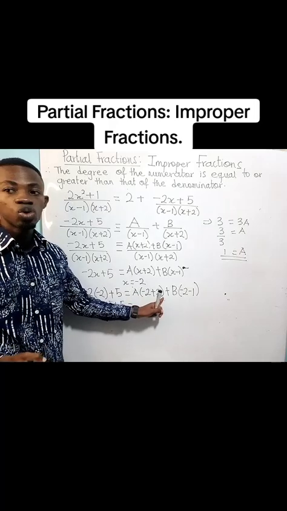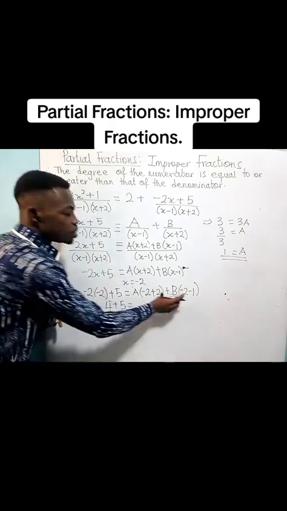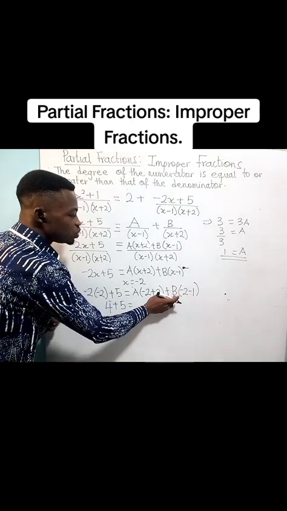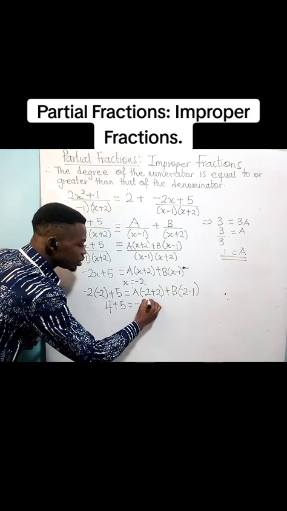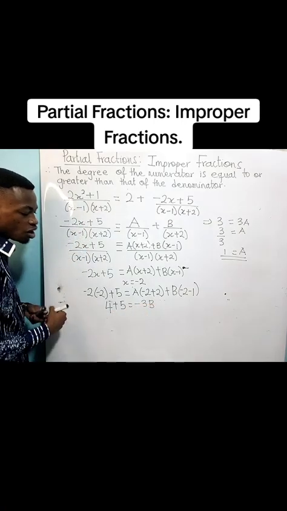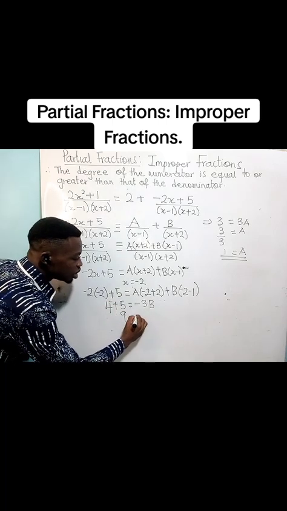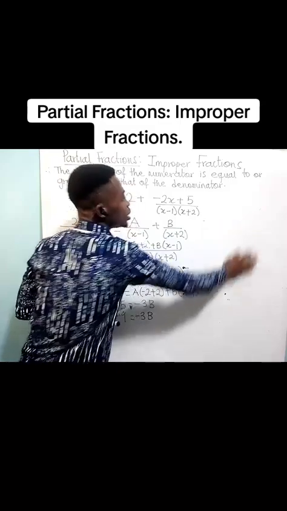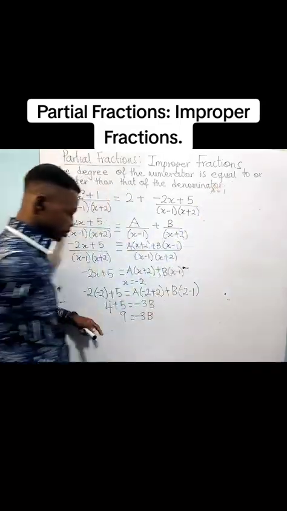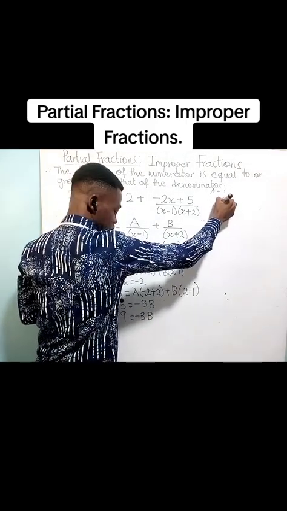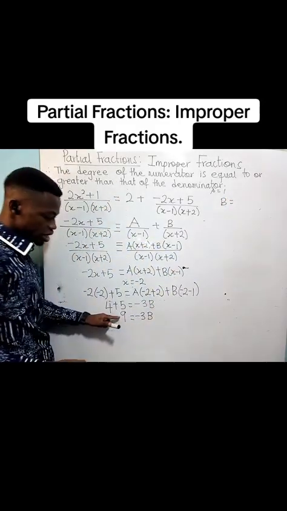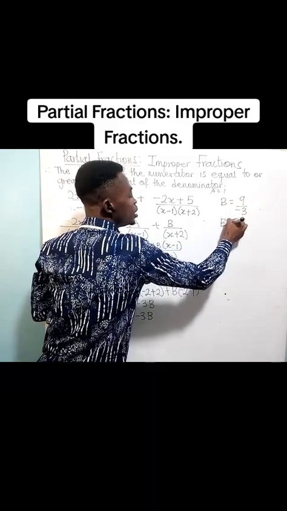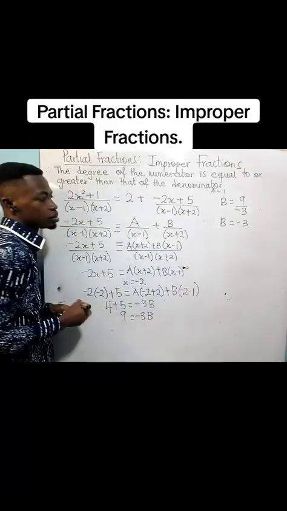Here, our negative 2 plus 2 is 0. But here, negative 2 minus 1 is negative 3. Negative 3 times B will give us negative 3B. Now, 4 plus 5 is positive 9, is equal to negative 3B. Now we continue. Here, our B is going to be equal to positive 9 over negative 3, where B is equal to negative 3.